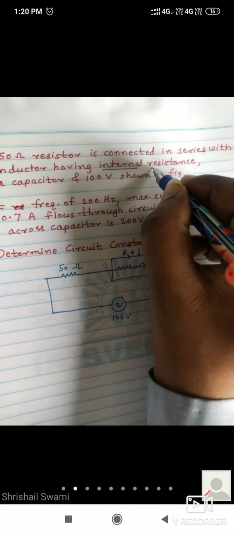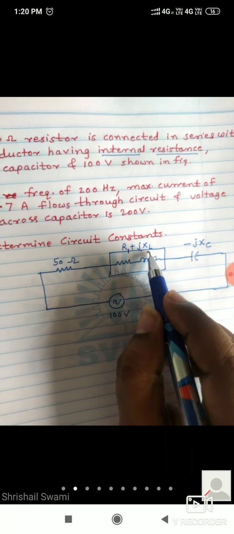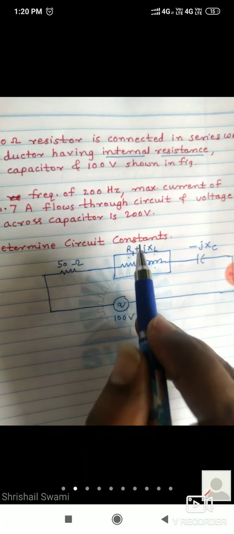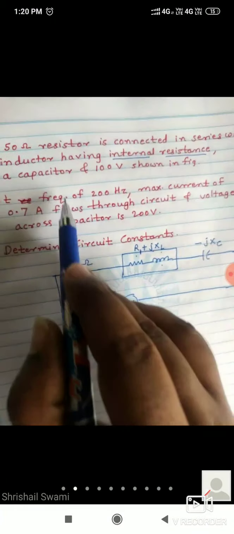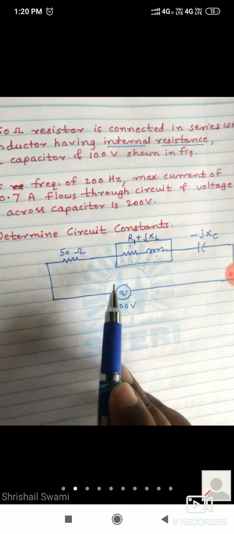So the inductor is shown here with jXL as the impedance. It is having internal resistance and that internal resistance is R1. Okay, so that R1 you have to find out, and a capacitor and 100 volt are all connected in series, means 50 ohm, then this inductor having internal resistance, capacitor and 100 volt are connected in series. That is the description given in the first line.